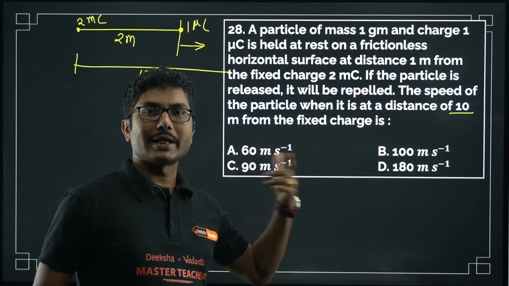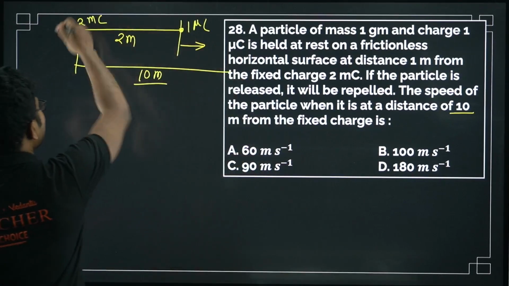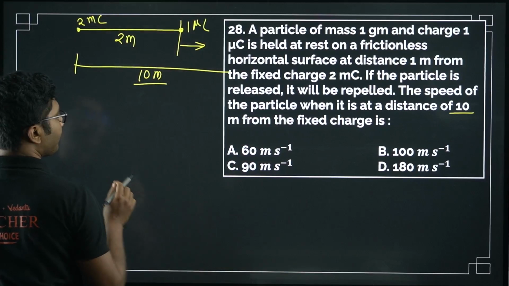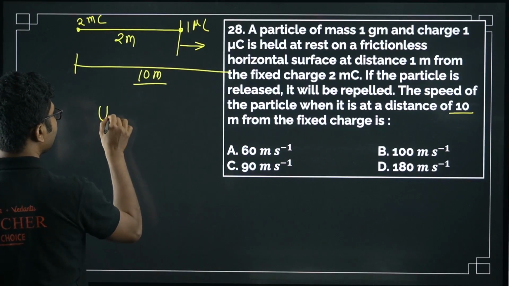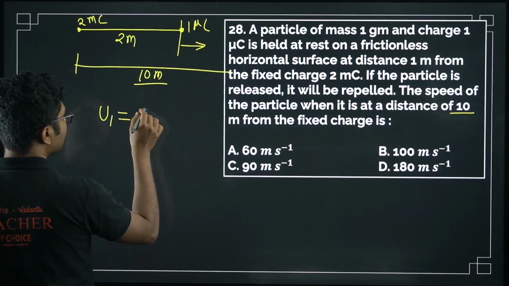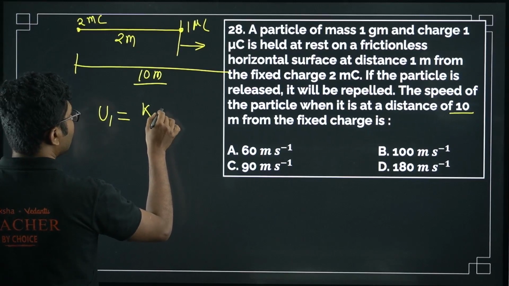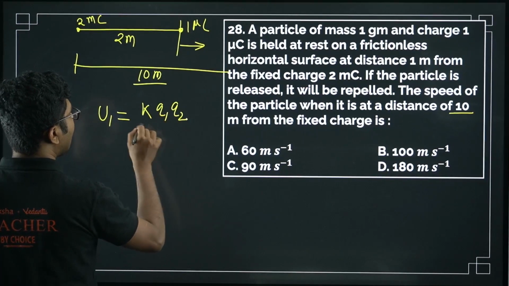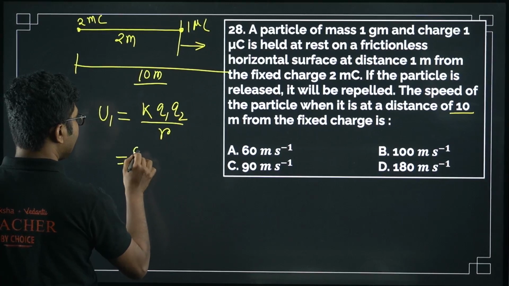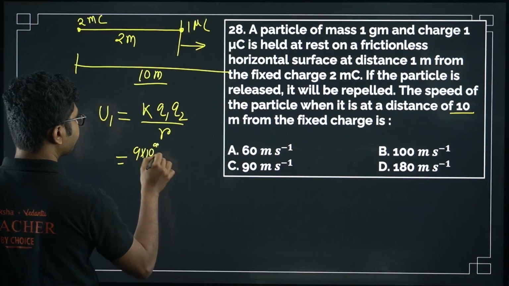So again, work energy principle. What is the initial potential energy of the system? Initial potential energy U1 is equal to K Q1 Q2 by r. K is 9 into 10 to the power 9.